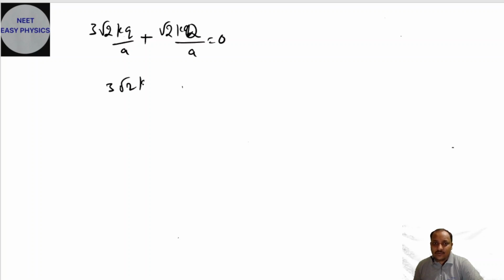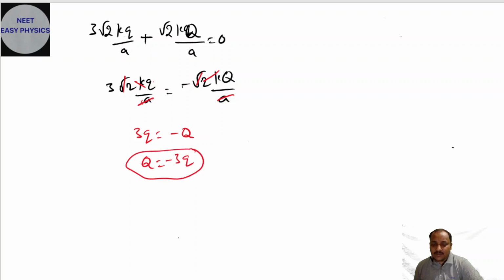So 3 root 2 kq by a is equal to minus root 2 kQ by a. Now you can cancel a, k, root 2, root 2. So 3q is equal to minus Q. Then Q is equal to minus 3q.